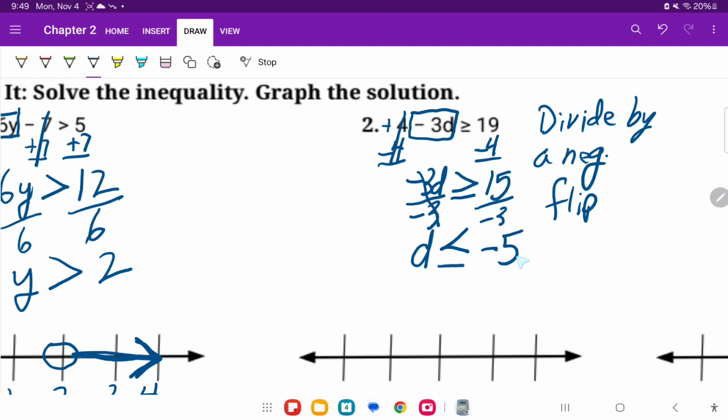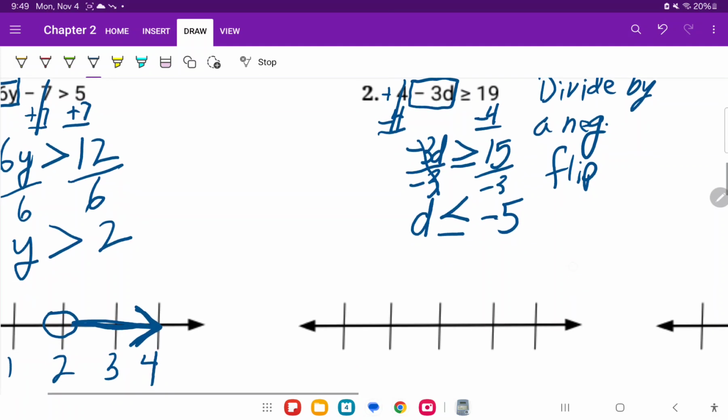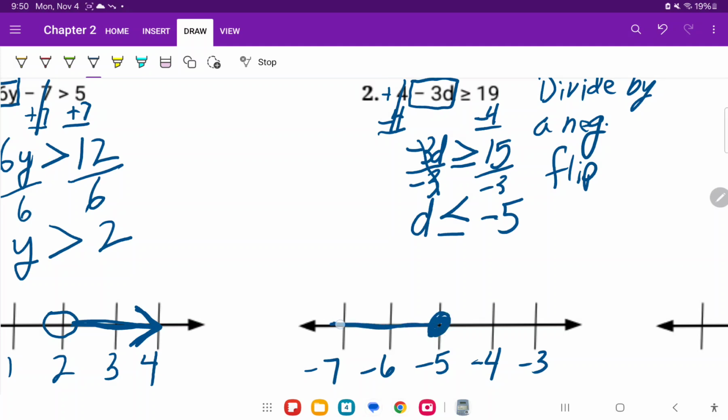So d is less than or equal to negative 5. So we need to label our number line. So we'll put a closed circle at negative 5, and then we will draw our line to the left.